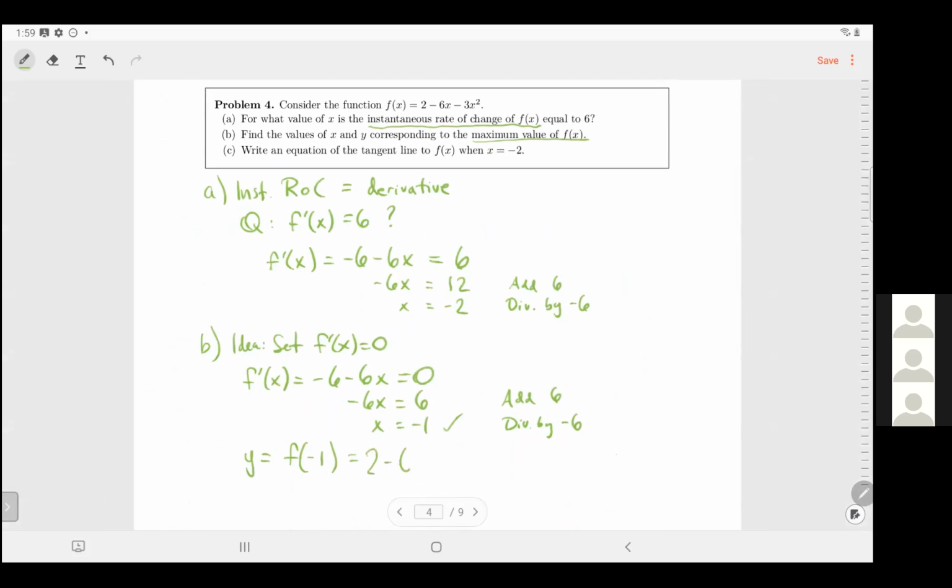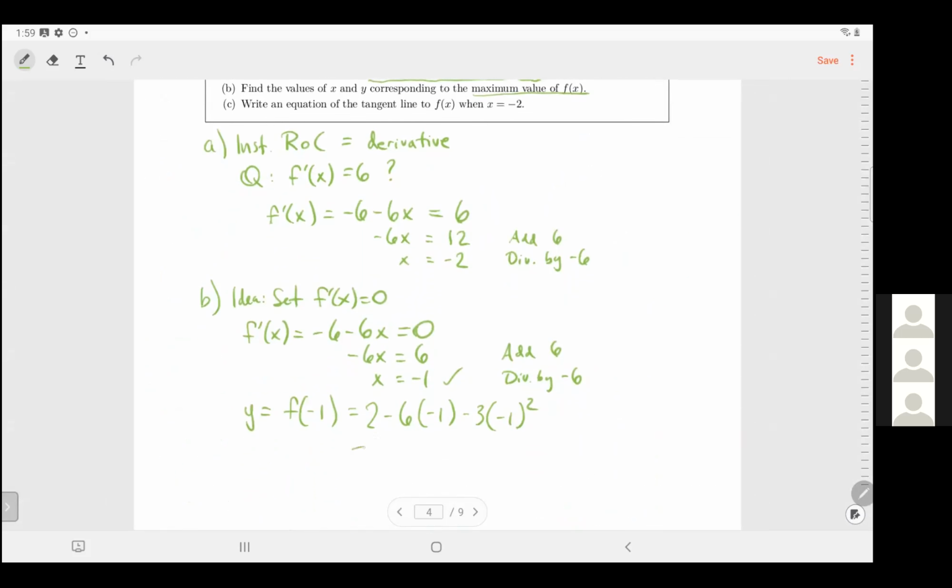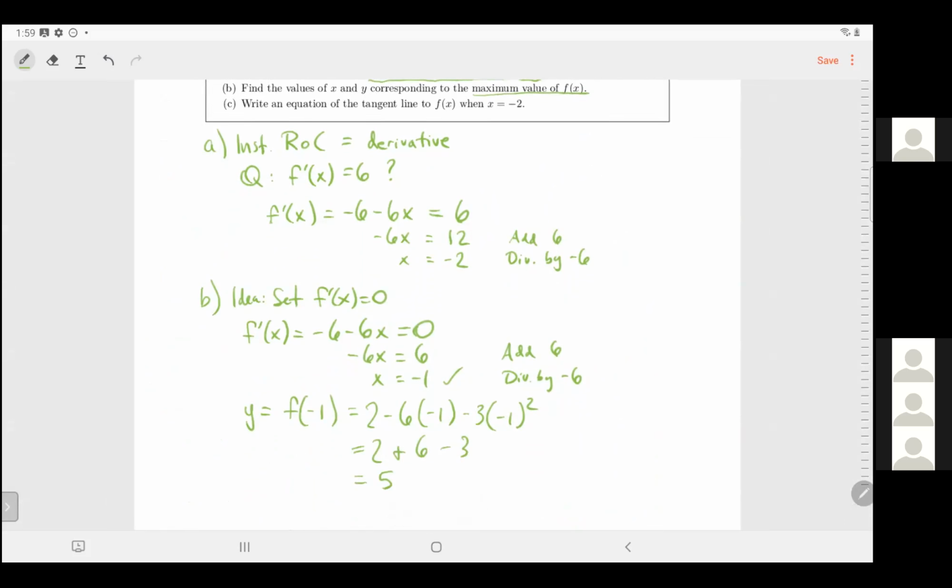So that's 2 minus 6 of negative 1 minus 3 times negative 1 squared. Okay, so that's 2 plus 6 minus 3, that's 5. All right. Any questions so far?